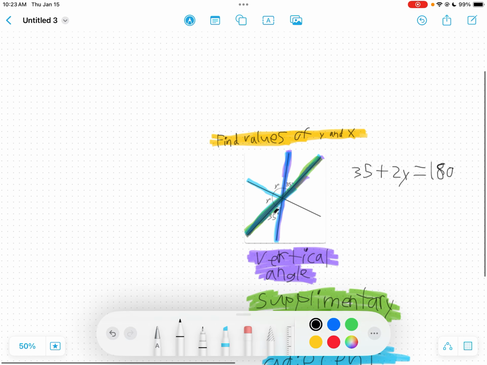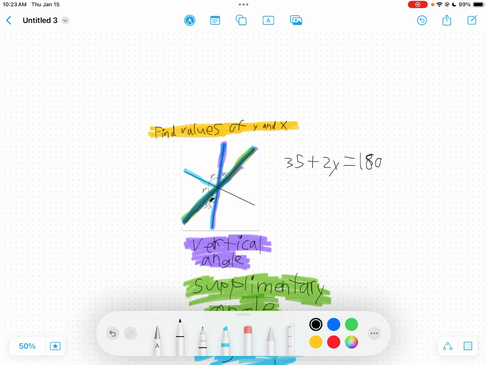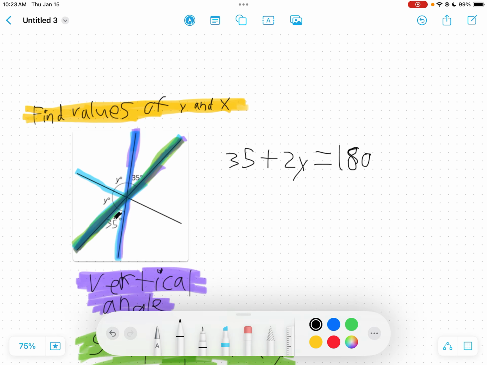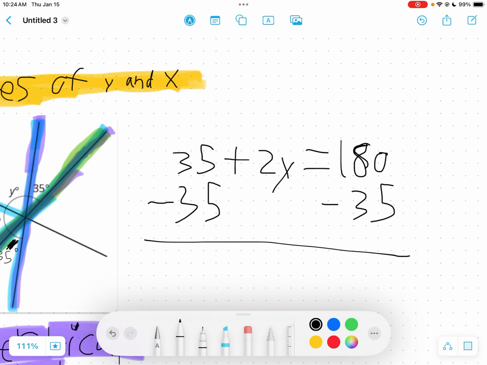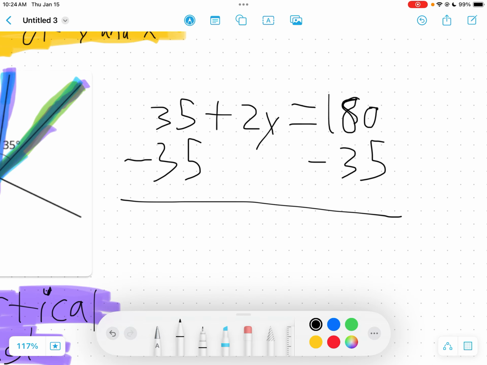So, since we now know all of the angles, we can make the equation that we just did. Now, while we're doing this, we must subtract 35, as this is a very useful way to solve missing angles, such as y.